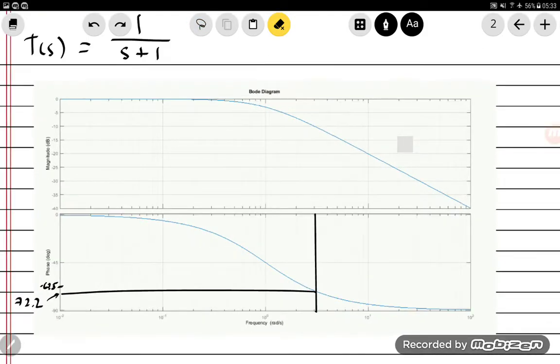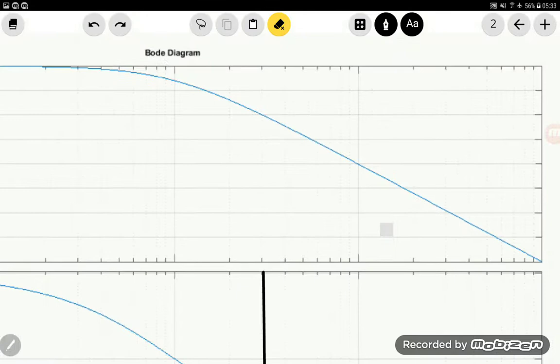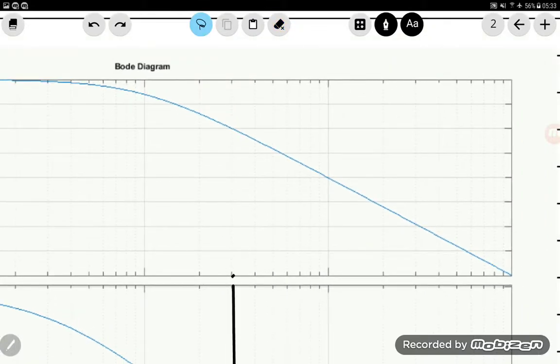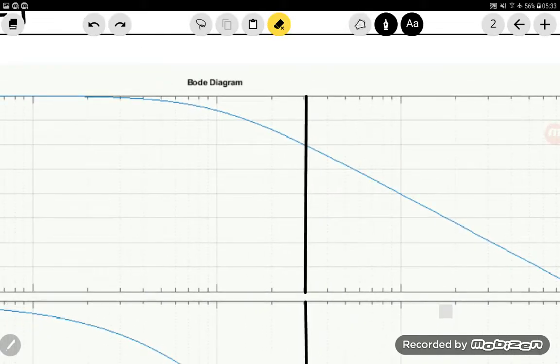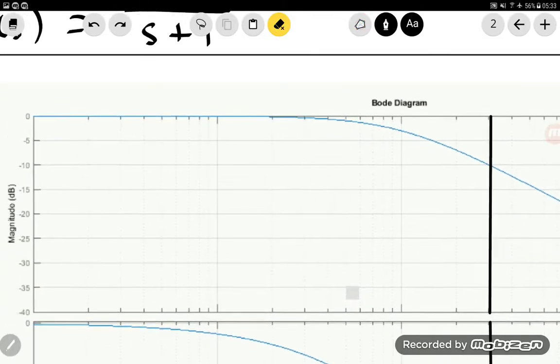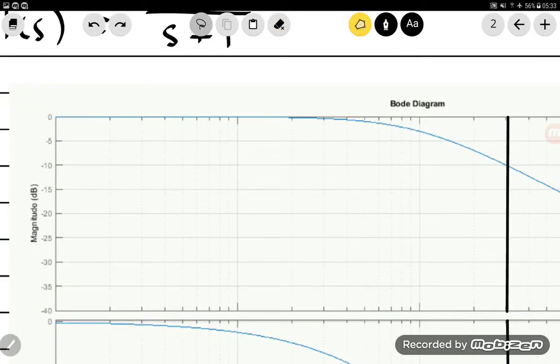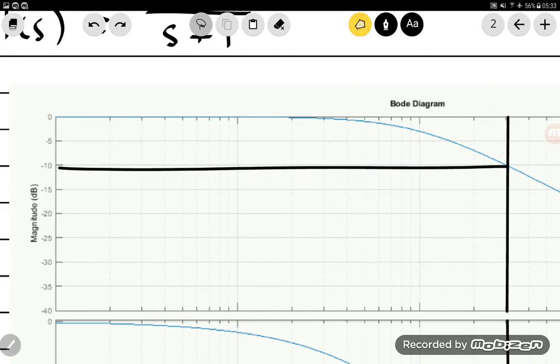Okay, let's look at the amplification factor. Let's try and draw a straight line there. I would say that this value is about minus 11 decibels.